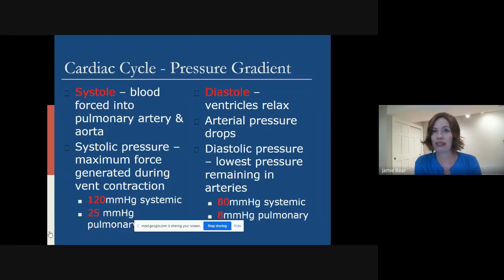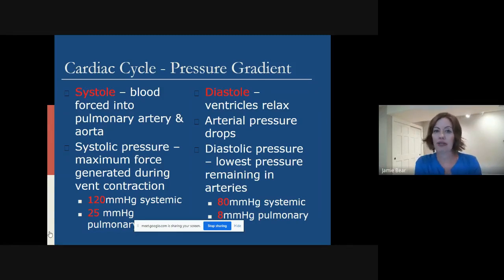So in the systemic system, if you measured that pressure, it would be about 120 millimeters of mercury. If you measured that in the pulmonary system, it would only be about 25 millimeters of mercury, because once again, there's much greater distance to travel in the systemic circulation. In diastole, it's where the ventricles relax, the arterial pressure drops.